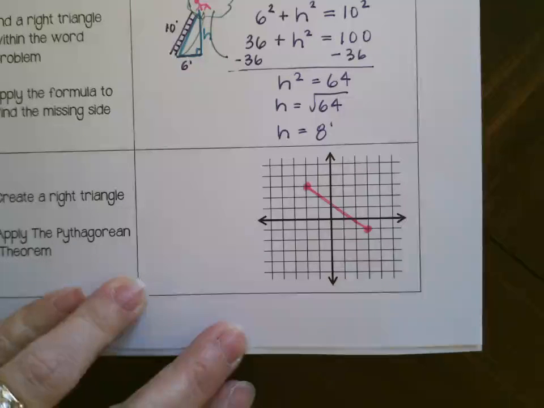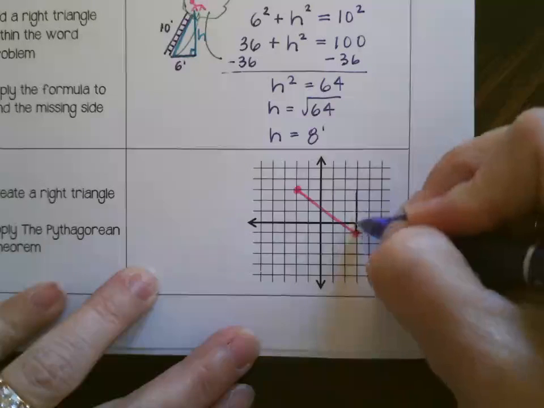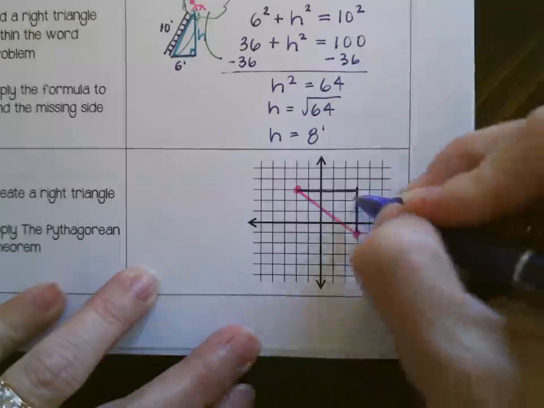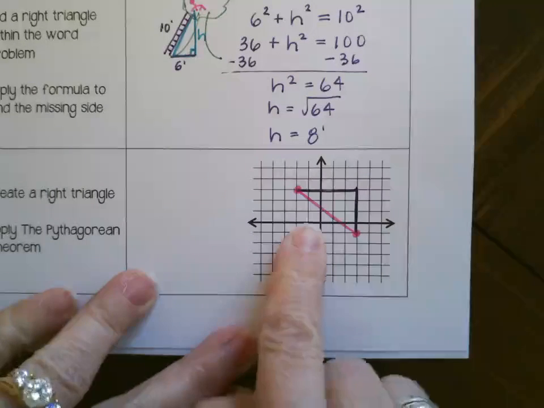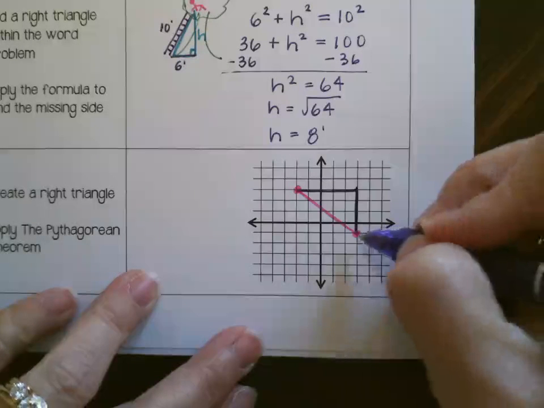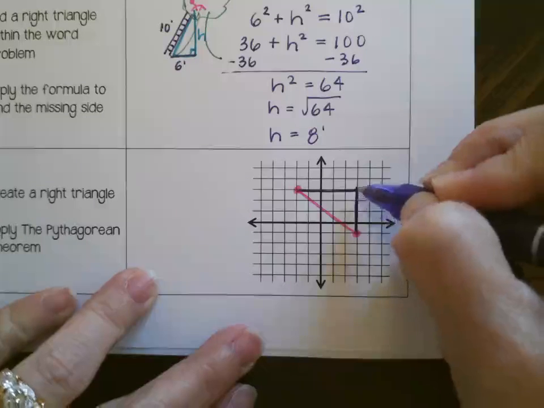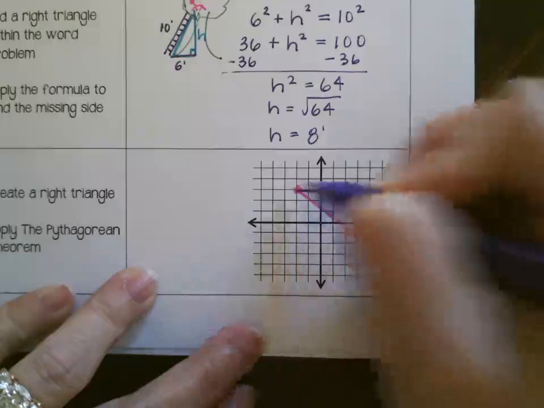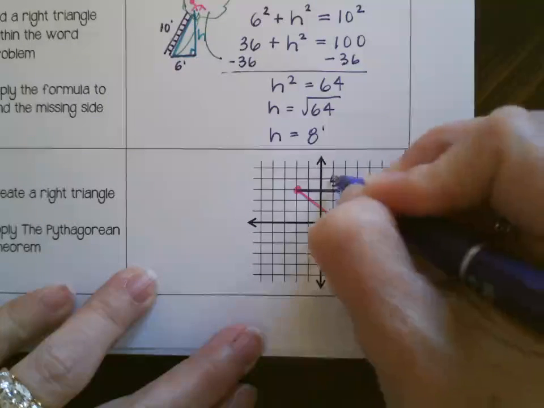But what I can do is make this into a right triangle and then use Pythagorean Theorem to figure out this length right here. So I know by counting right here that this is 1, 2, 3, 4. And then I know by counting here, this is 1, 2, 3, 4, 5.